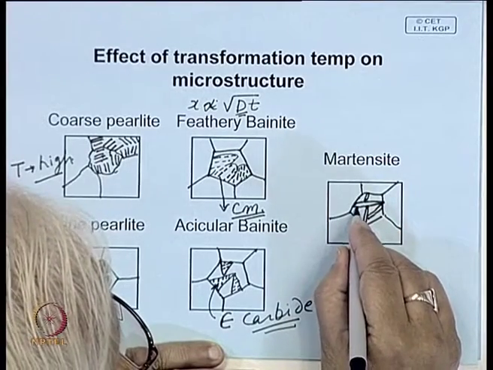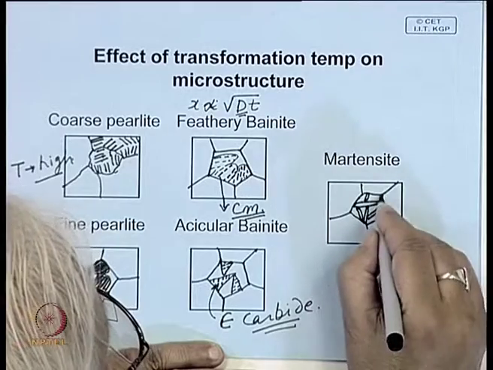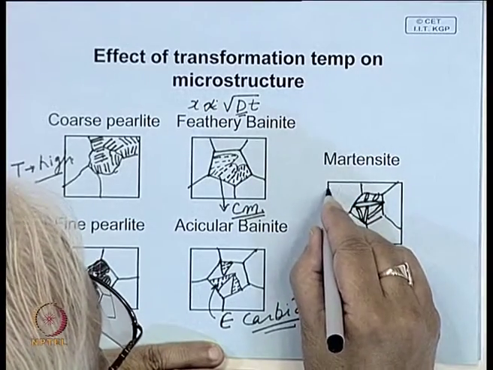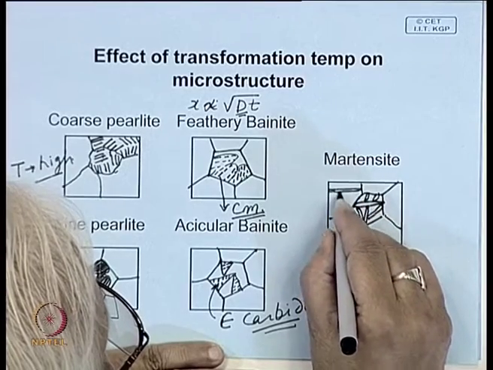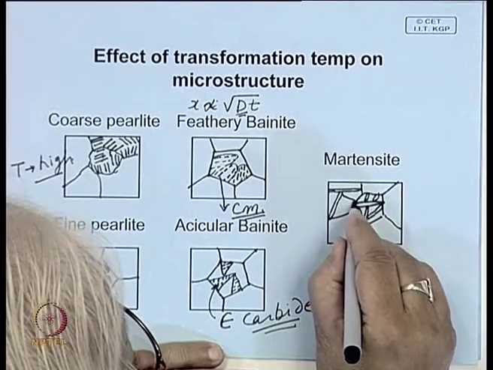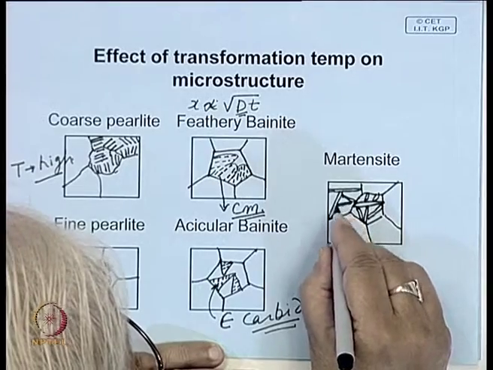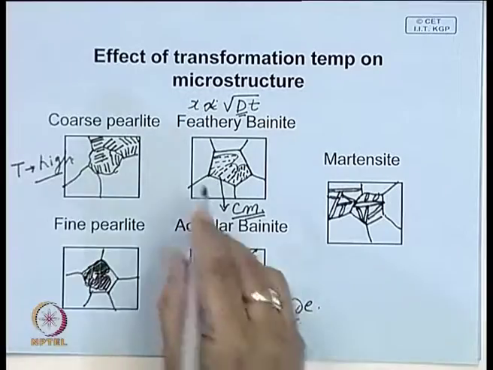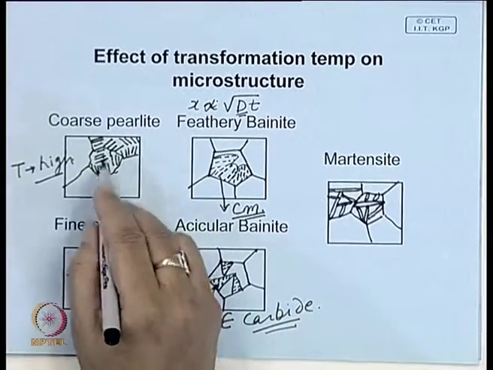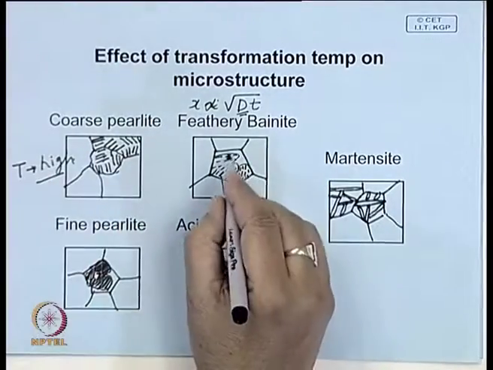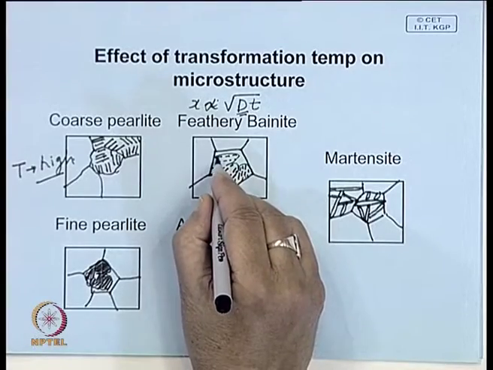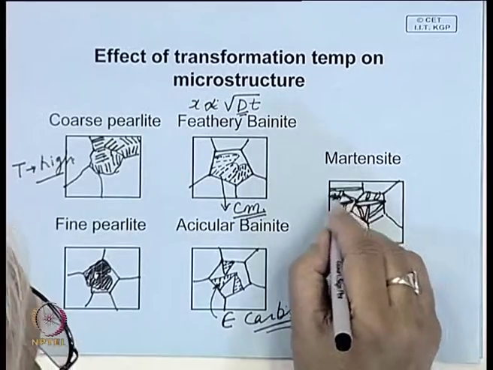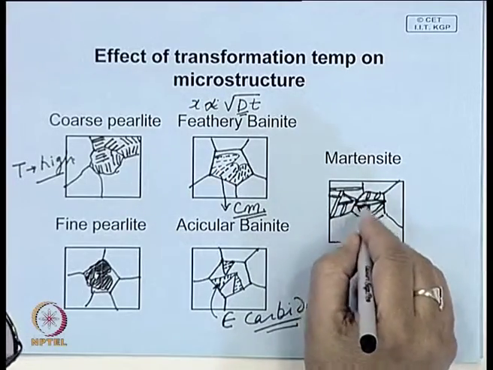So, the entire structure gets converted into this type of needle-like structure, and they are so fine, with a normal optical microscope it will be very difficult to etch also. When you polish and etch this steel, etching actually attacks these boundaries, and here such carbide boundaries are non-existent.